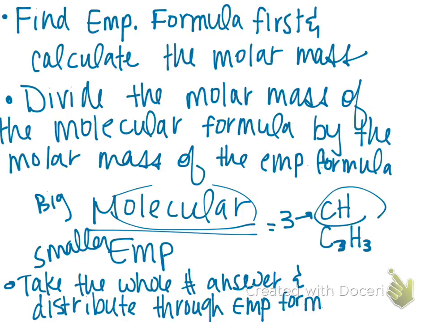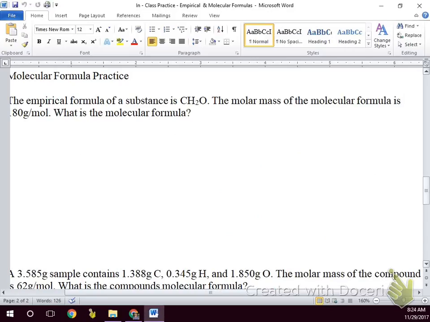Okay, so let's turn to the back of your handout, and we're going to look at the first one on the back. The empirical formula of a substance is CH2O. The molar mass of its molecular formula is 180 grams per mole. What's the molecular formula? Here we already gave you the empirical formula. We did half the work for you, so this makes the question extremely easy.